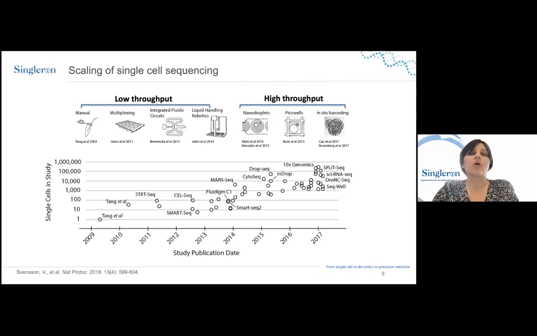So when I talk about single-cell sequencing and the methods and technologies that we at Singularity use for it, I'm talking about high-throughput experiments, meaning that you can get the gene expression information from thousands or tens of thousands of cells simultaneously in a single experiment. This is the kind of high-throughput single-cell sequencing I will focus on.